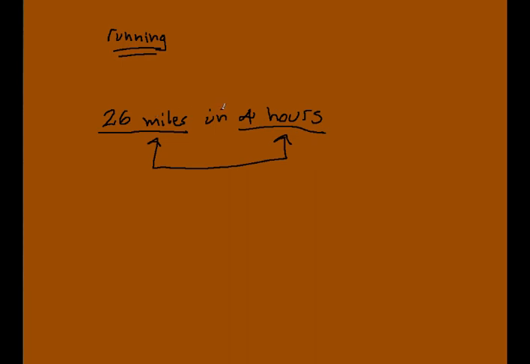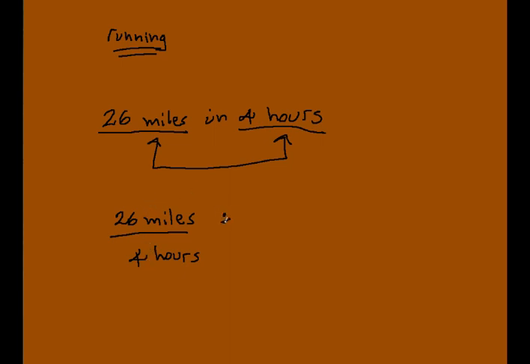Again, in order for you to write something as a rate, we write it as a fraction. So 26 miles in 4 hours. That means every 4 hours, you're expected to do 26 miles. So this type of ratio here, they can ask you to simplify it, and it is advised to simplify any fraction that you can.